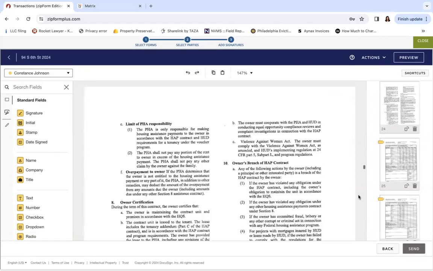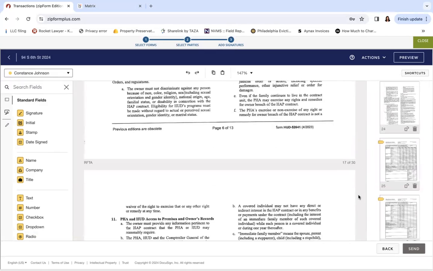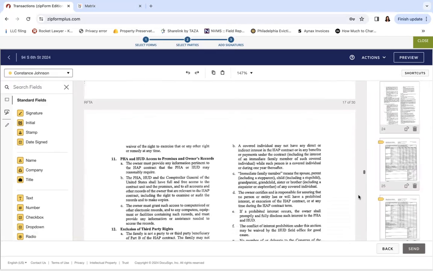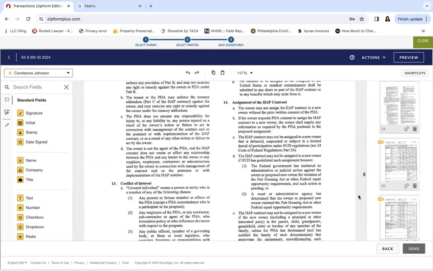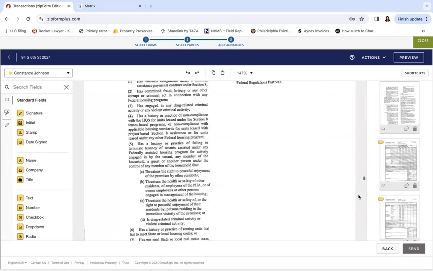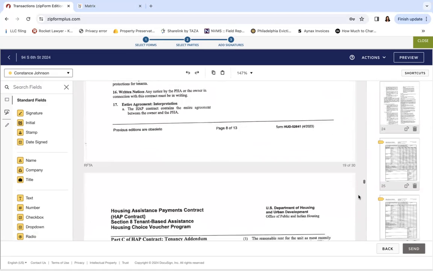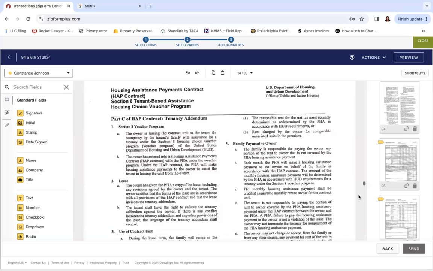Again, these are all things that you need to read and familiarize yourself with, because it will supersede anything that is in your lease agreement. And it's a lengthy addendum, so it may take you some time to read it.